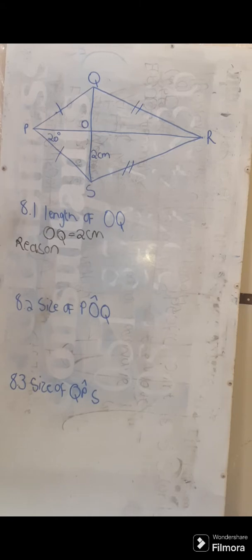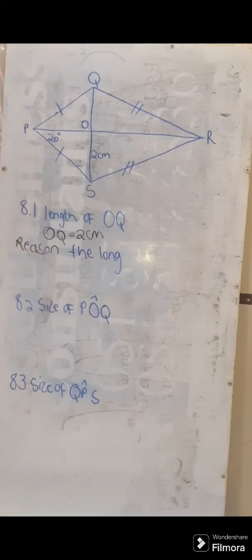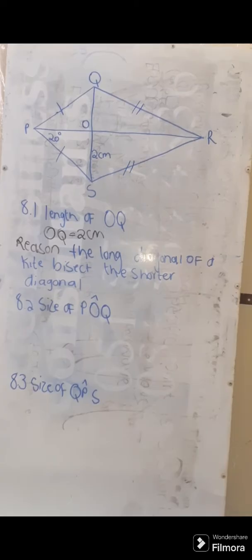So that simply means that it cuts it in half. So it means this side is the same as this side. So that's going to be your reason: the long diagonal of a kite bisects the shorter diagonal.